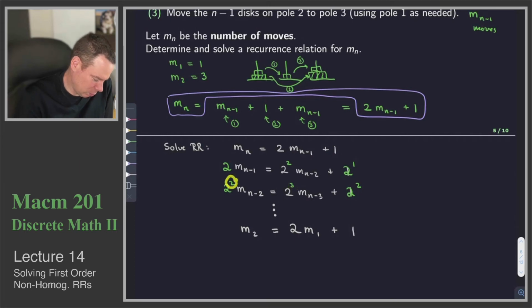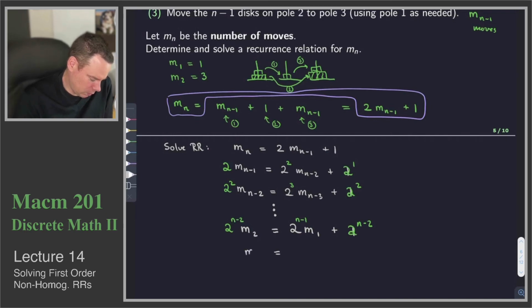So I'm going to focus on this exponent and say, when I take n minus 1, I get a power of 1 there. N minus 2, power of 2. So n minus what gave me this 2 here? Well, that would be an n minus 2. So this is a 2 to the n minus 2. And then this would be an n minus 1 and a 2 to the n minus 2.